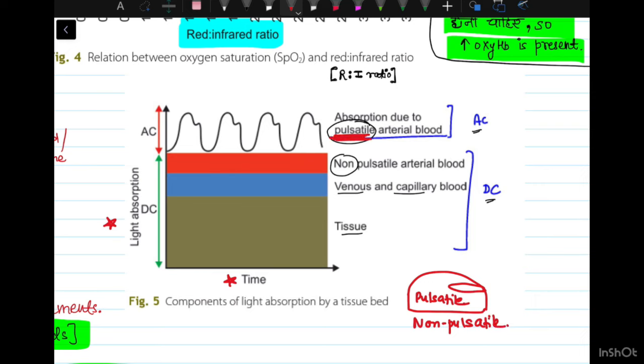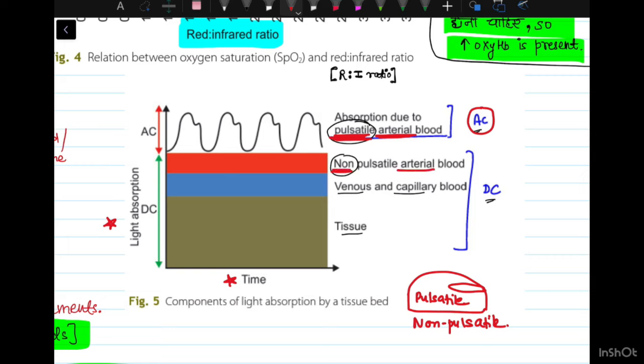Now this pulsatile component will obviously be the arterial blood. The absorption by this pulsatile arterial blood is known as AC, the alternating current.